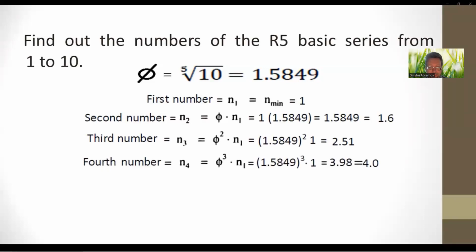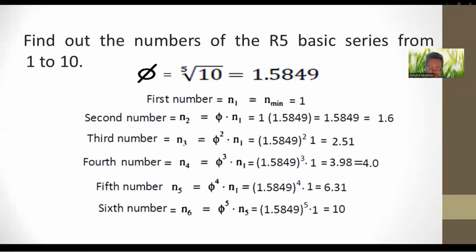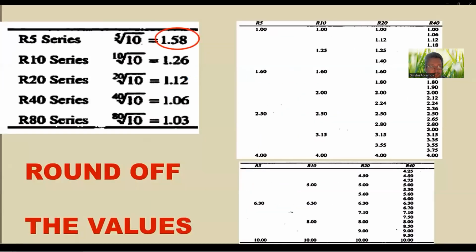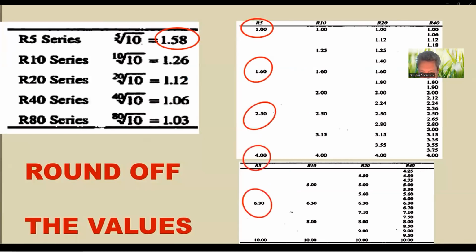Fourth number is step ratio cube into N1, which turns out to be 3.98. We will round it off and make it 4. Fifth number is step ratio raised to 4 into N1, which turns out to be 6.31. And the last number, the sixth number, by the same calculation turns out to be 10. So the numbers that we found are 1, 1.58, rounded off as 1.60, 2.50, 4, 6.3, and 10.